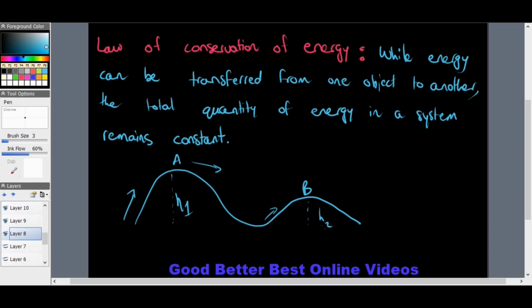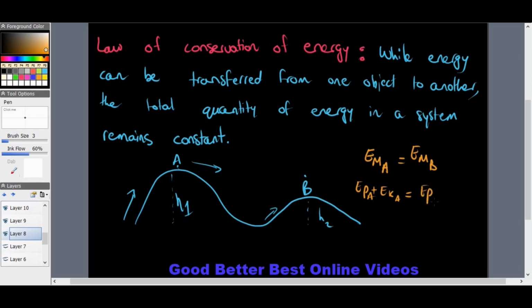So we end up with a new formula for these 2 different locations, in a different color, orange: mechanical energy at point A must equal mechanical energy at point B, meaning potential energy plus kinetic energy all at point A must equal the same thing.